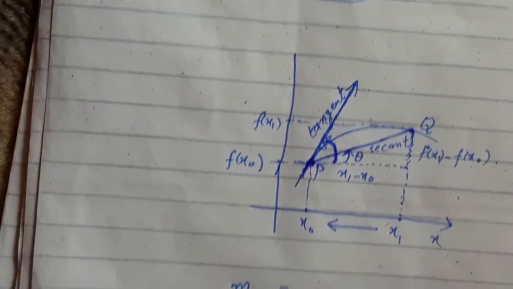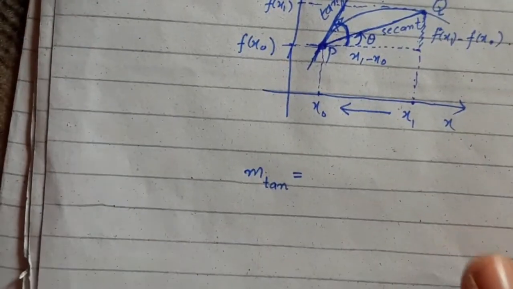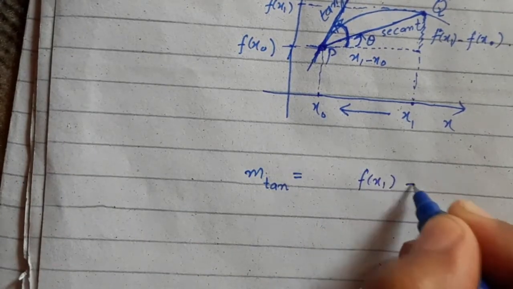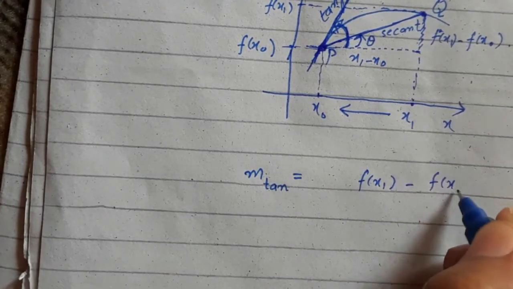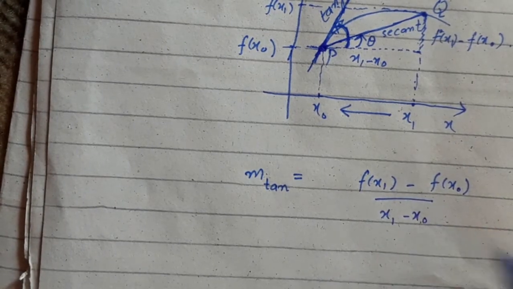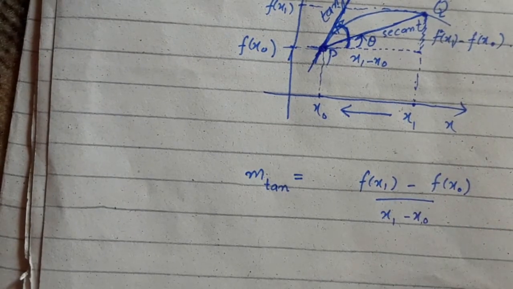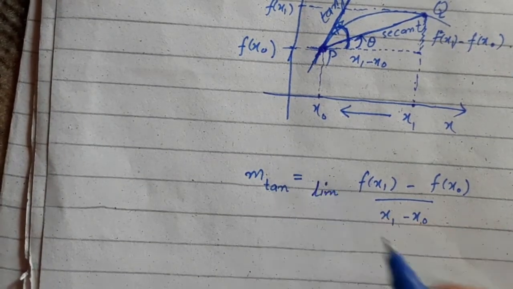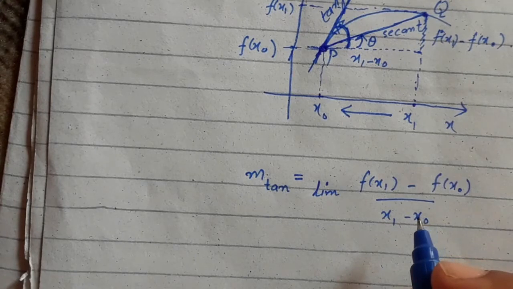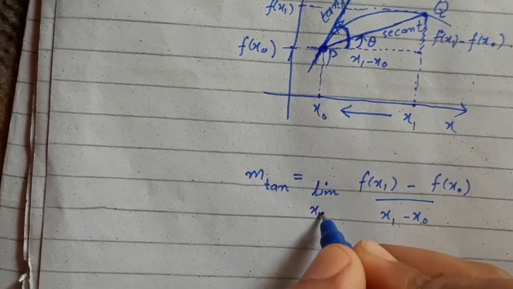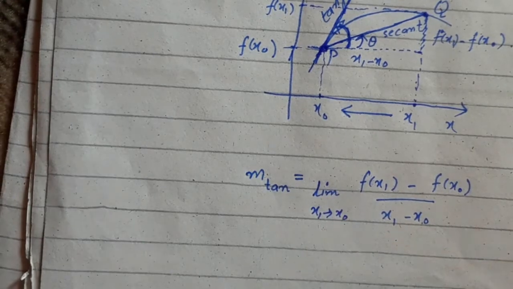So m tangent, I can write as f of x1 minus f of x0 divided by x1 minus x0. Then what's the difference between the two? There is one main difference, and that is the limit. Tangent is actually the limiting case of a secant when x1 approaches x0.